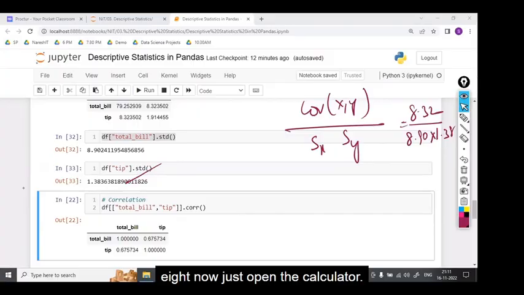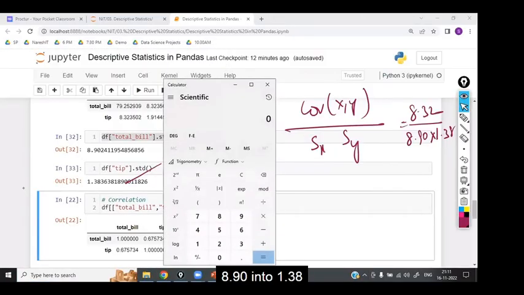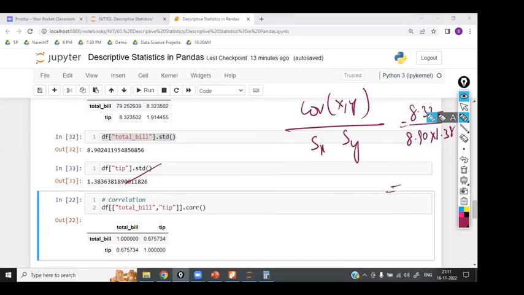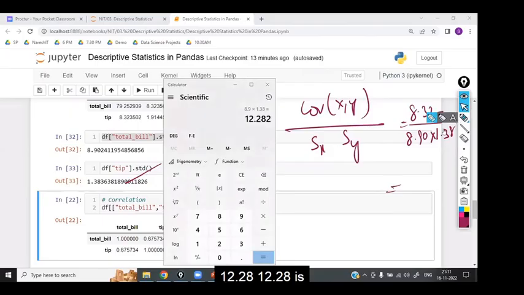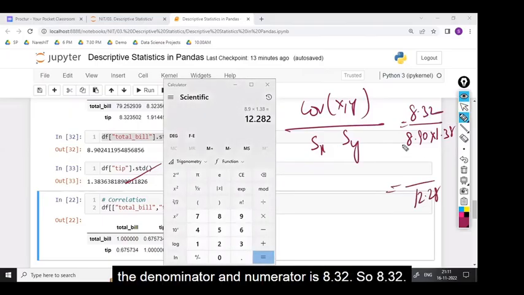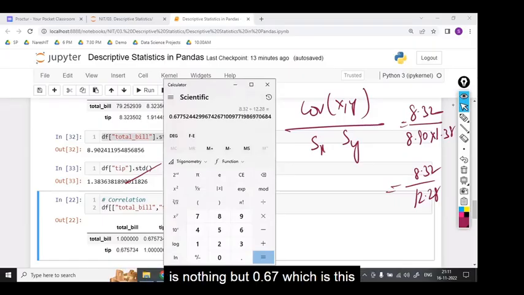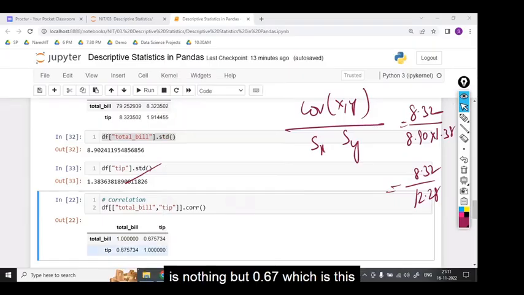Now just open the calculator. 8.90 into 1.38, that denominator value is 12.28. 12.28 is the denominator and numerator is 8.32. So 8.32 divided by 12.28, which is nothing but 0.67, which is this one.